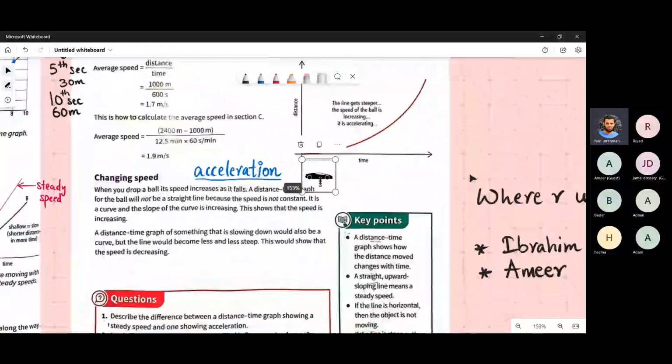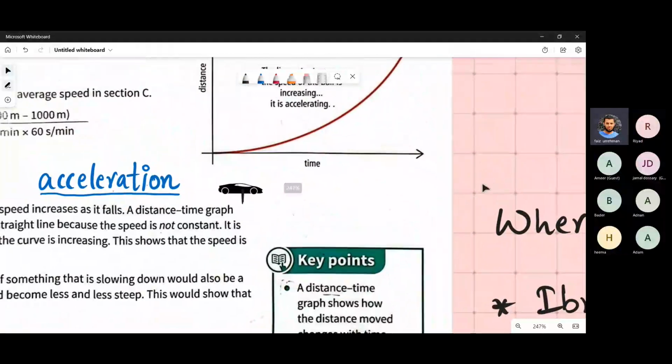Okay. So with the passage of time, for example, the car was here and it started to move. After 3 seconds, the car came here.